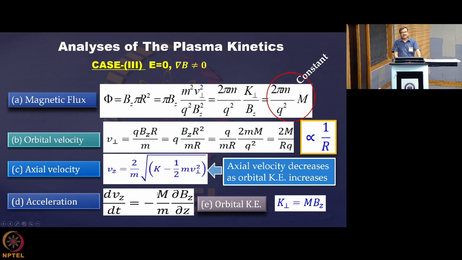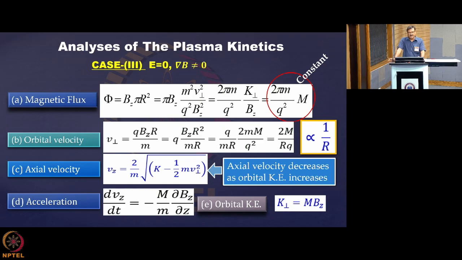If that is the case, then you can see that the more the orbital motion, the less is the axial velocity. So if a particle gyrates faster and faster, it will move slower and slower. This part is very interesting, because if the orbital motion is so fast that it makes the axial motion almost equal to 0, then that is a case when the particles stop moving in the axial direction, and that is something related to confinement.